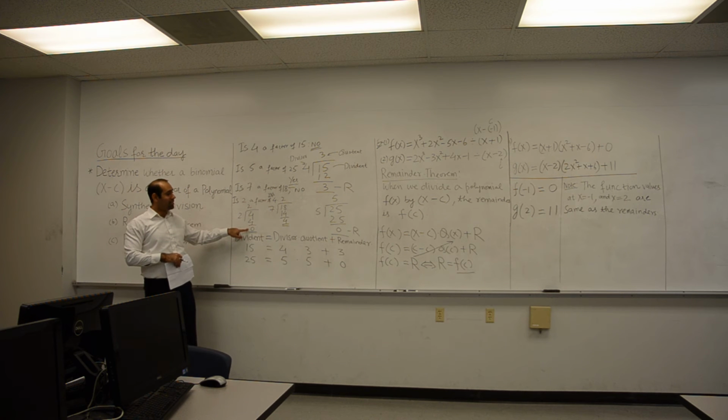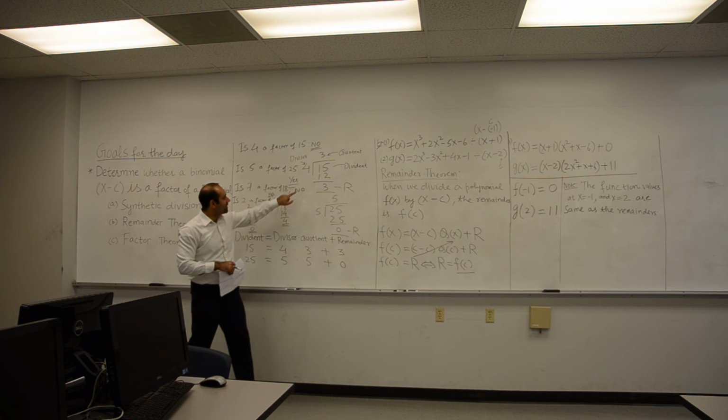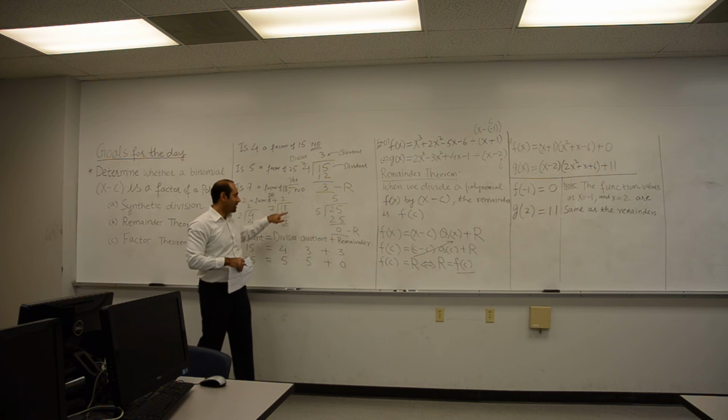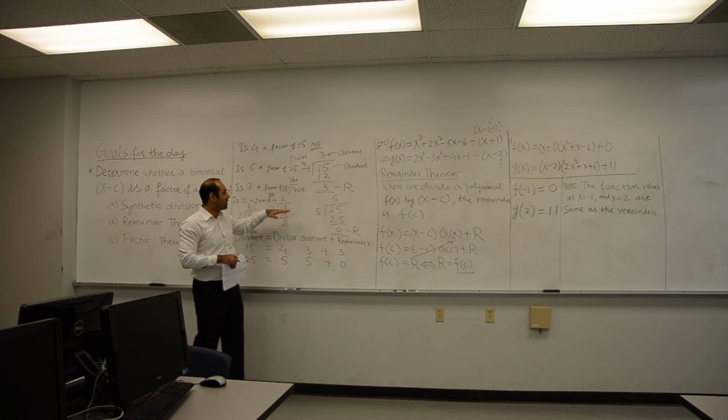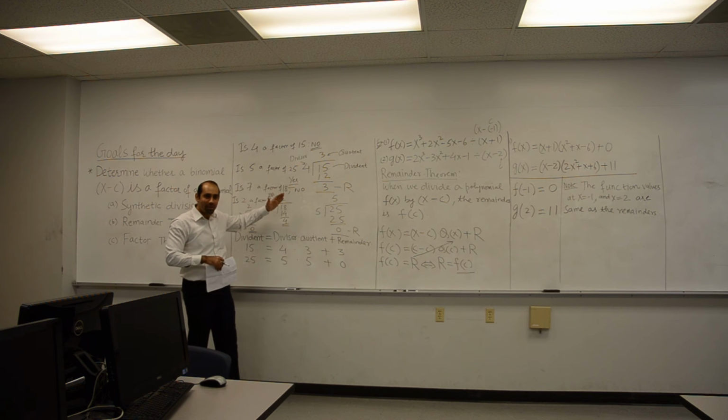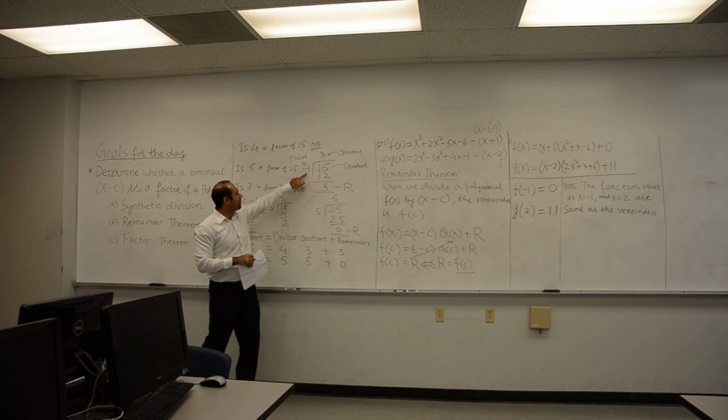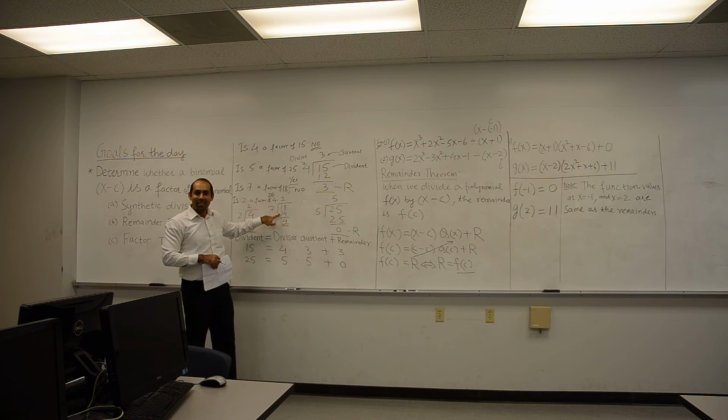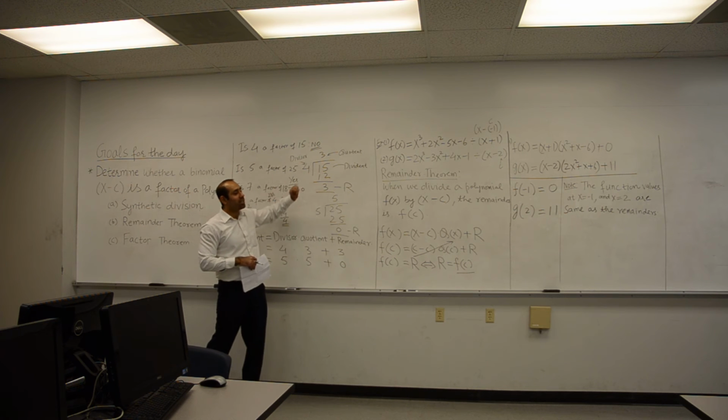In that case, the remainders are 0. And in the other two cases, we have non-zero remainders. The remainder could be positive, like in these two examples, or they could be negative. But as long as they are non-zero, these divisors 4 and 7 are not factors of 15 and 18 respectively.